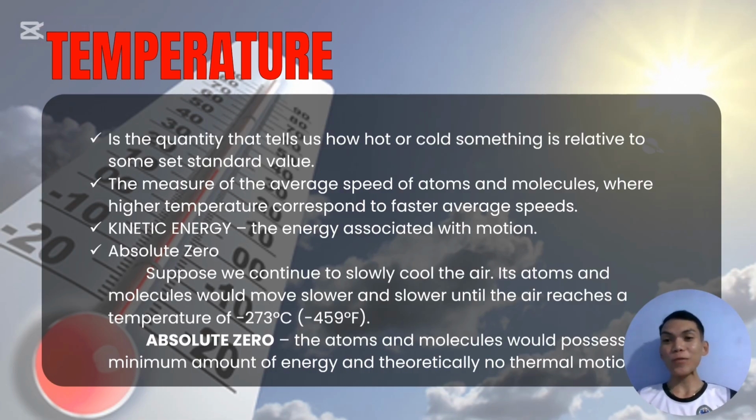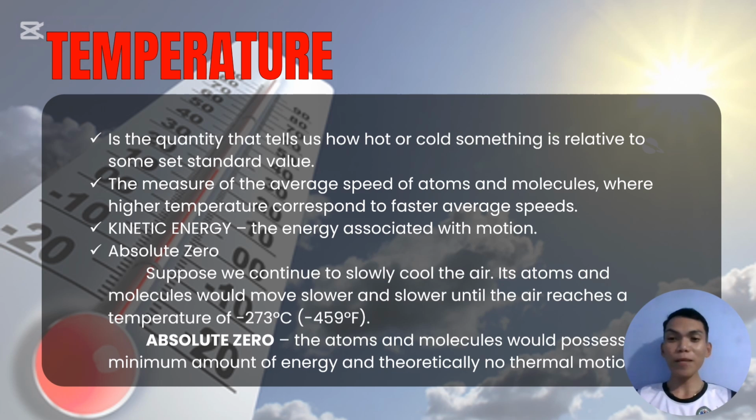So let's start with the temperature. When we say temperature, it is a measure of how hot or cold something is. So it tells us how much energy the atoms and the molecules have, or in other words, when we talk about temperature, this measures kung gaano kainit or kalamig ang isang bagay.